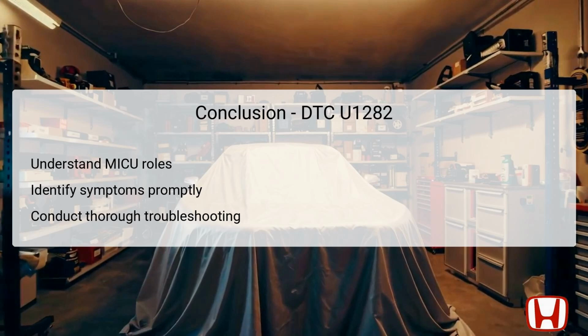Ultimately, effective communication among vehicle components is vital for maintaining operational efficiency. With appropriate preventive maintenance, future instances of trouble can be minimized, contributing to a more reliable and enjoyable vehicle experience. For owners of the Honda Accord, adhering to these practices not only fosters vehicle longevity, but also enhances overall safety.